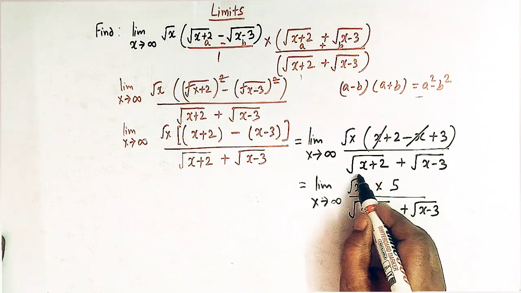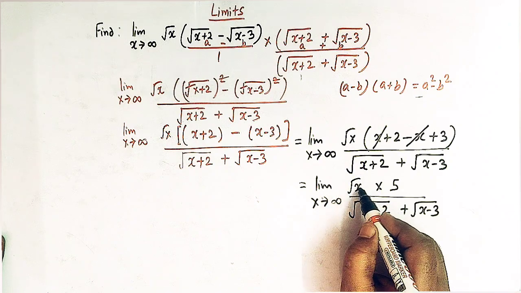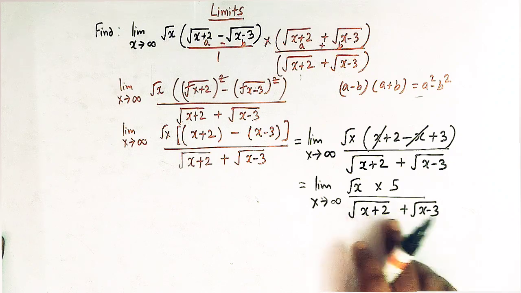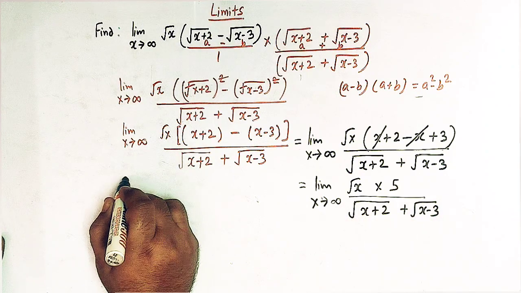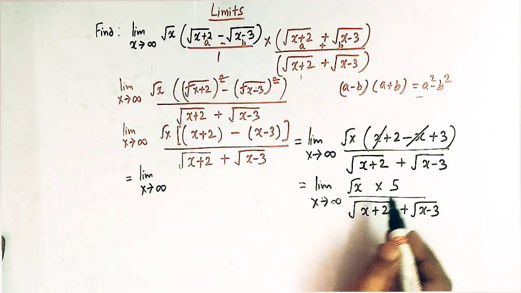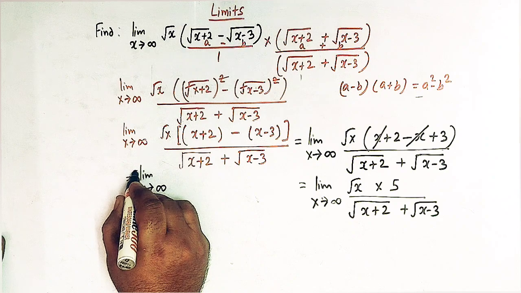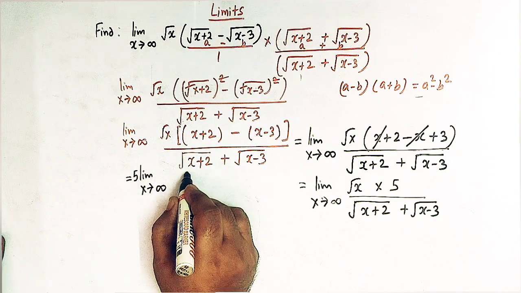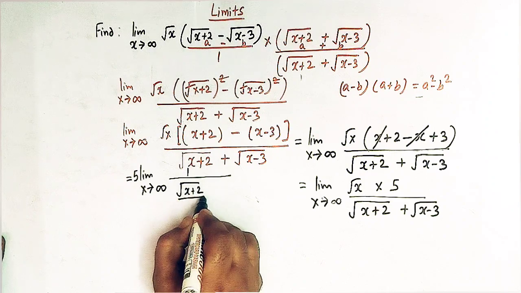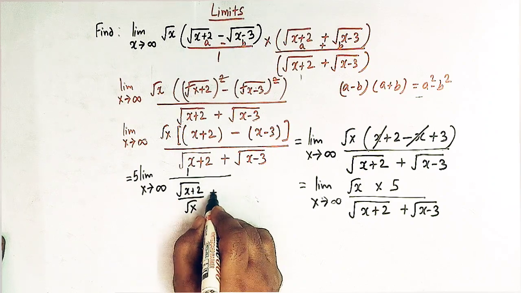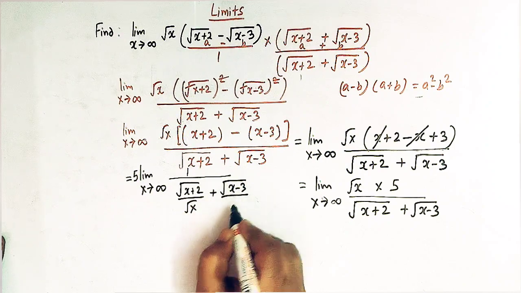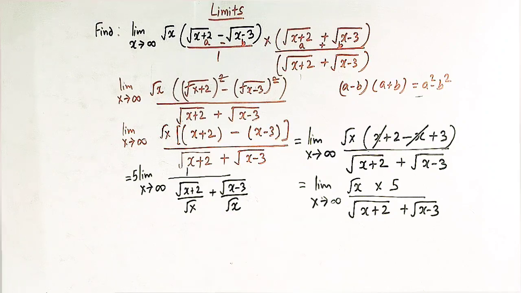Now we'll take this square root of x into the denominator of both these terms. We can take this 5 outside the limit notation, and we have 1 over square root of x plus 2 over square root of x, plus square root of x minus 3 over square root of x.